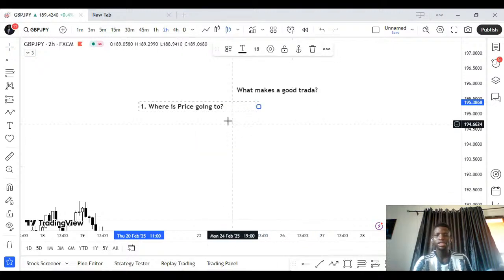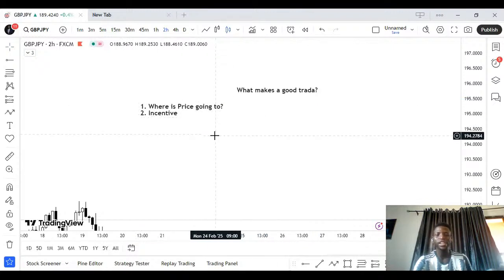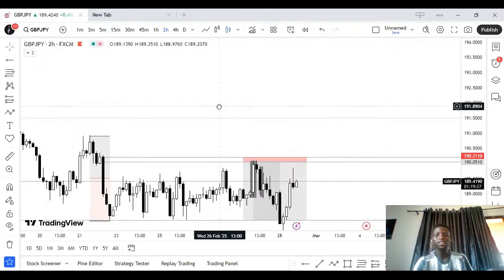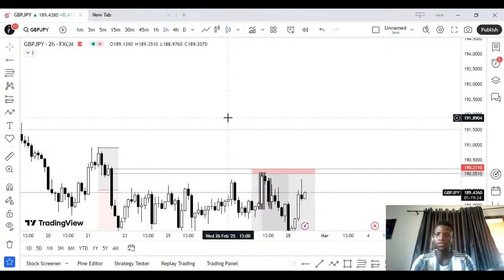I call it price incentive, and this is very, very important in my opinion. Now, by general English language, what is incentive? Incentive means something that you do or something that you give somebody to motivate them to do a thing.